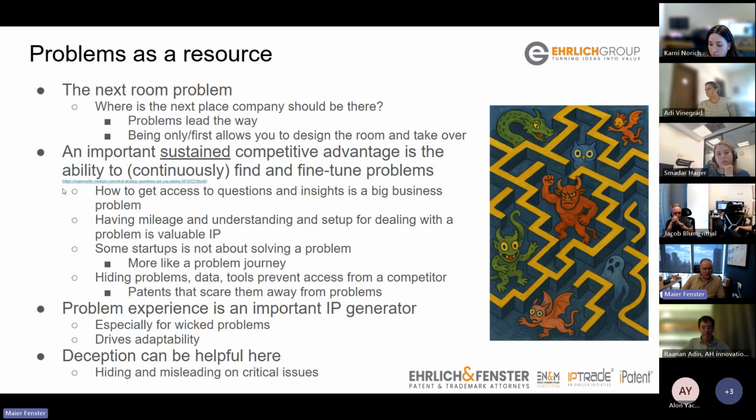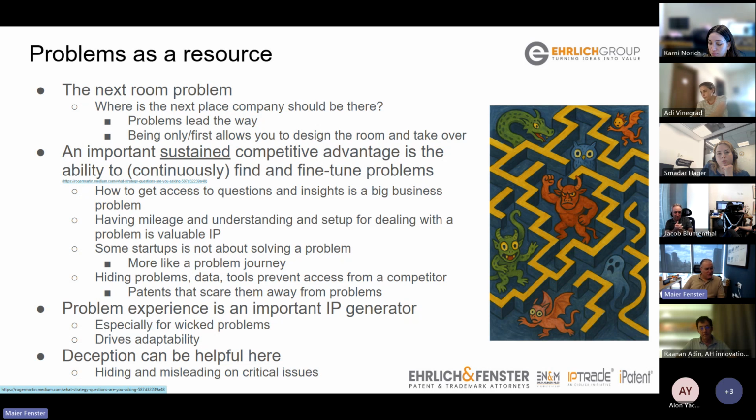There's this interesting article by Roger Martin about the next room problem. We have a company, it's in a room, a market. Where's the next market going to be? What does it look like? The answer is, if you have a handle on the problems, you can map out and decorate that next room before your competitors do.